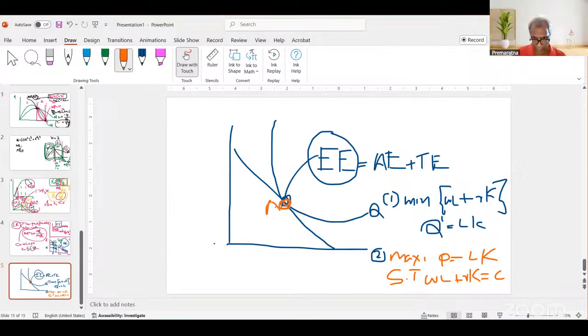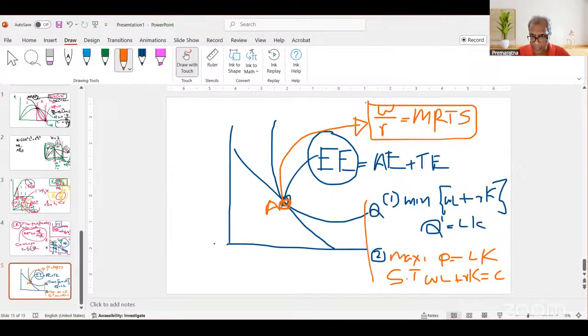So in both ways, the producers reach this point. That is what we call duality. At that point you see the slopes of both are satisfied, which means W over R, the input price ratio, is equal to MRTS. So this is the best condition where the producer reaches economic efficiency, optimization, minimizing cost or maximizing output.